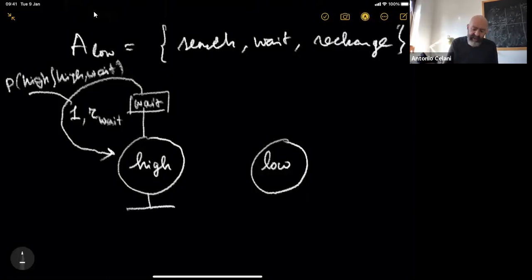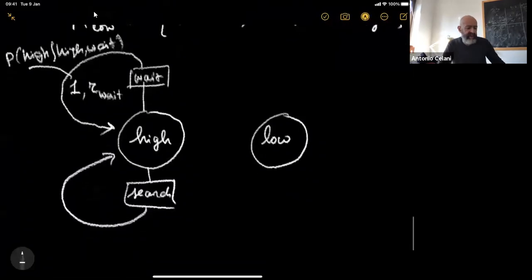If the robot decides to search, then two things can happen, okay? Here there is some energy consumption, which we can model as two possible outcomes of this search.